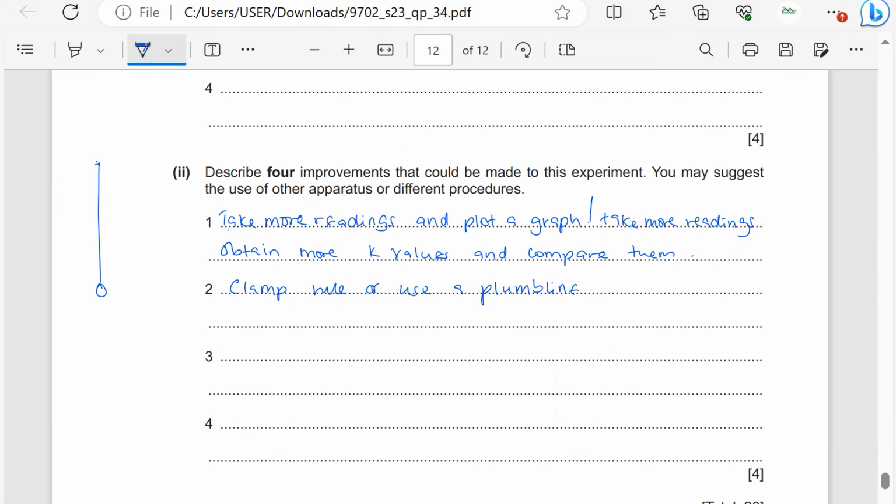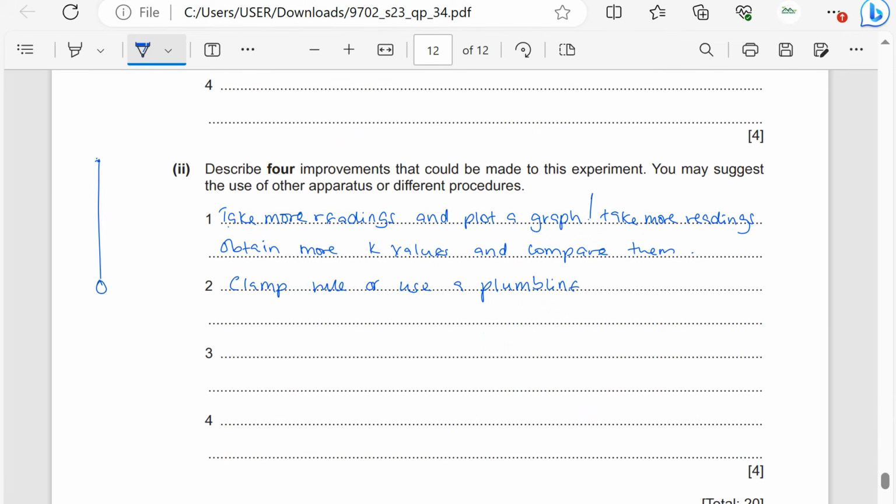If we want to reduce that percentage uncertainty, then what could we do? To reduce that percentage uncertainty, we could have increased the length of the rod. We make it longer so that it can cause a bigger extension, or it can cause a bigger stretch, or it can undergo a bigger depression than the ones that we saw in the practical.